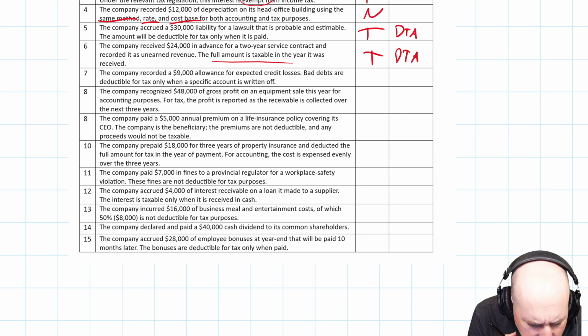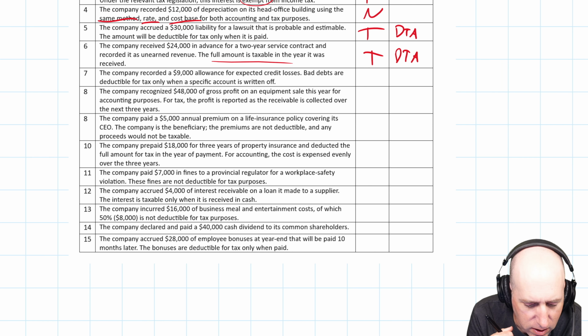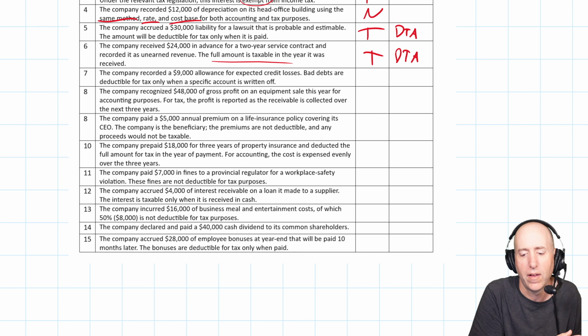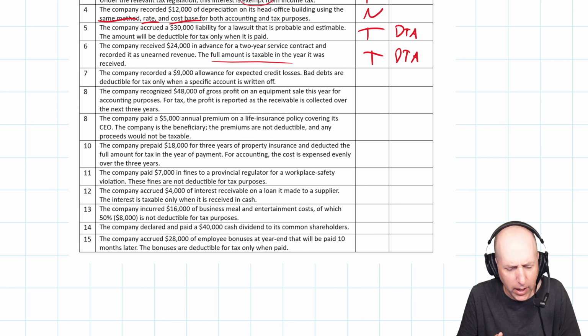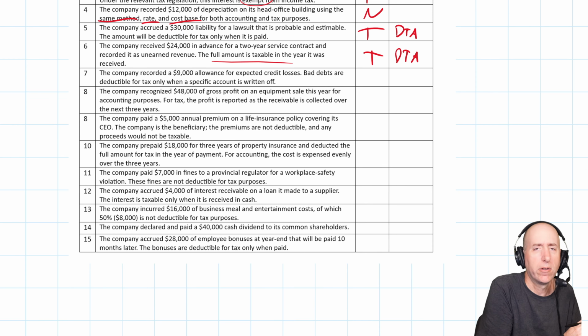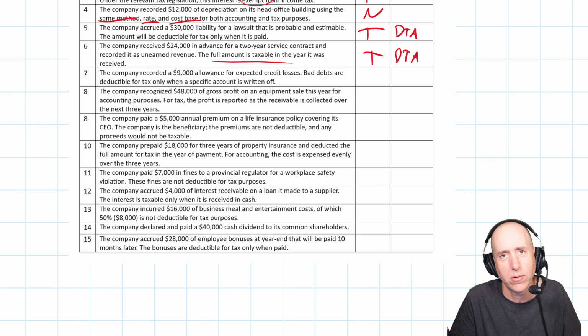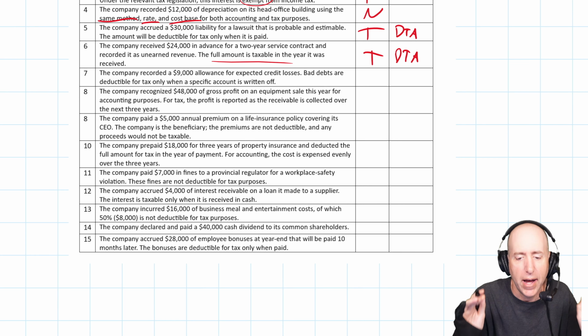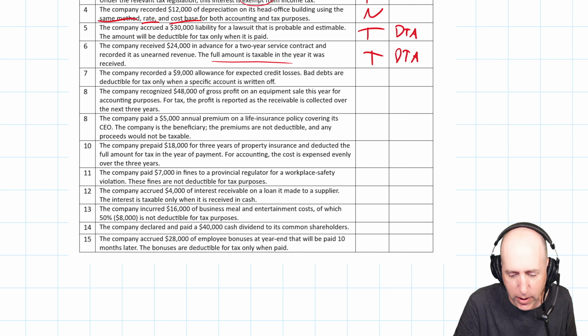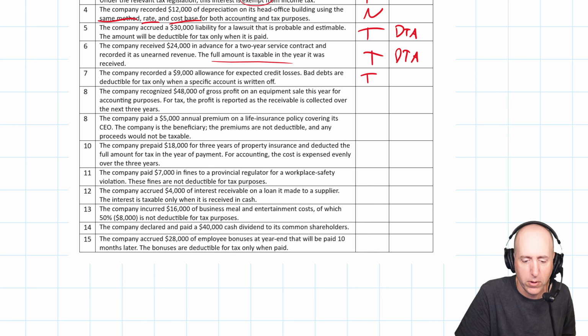The company recorded $9,000 allowance for expected credit losses. Bad debts are deductible for tax only when a specific account is written off. So we've done an allowance for doubtful accounts. But in accounting records, we've recorded an expense. In tax, we can't record the expense until we actually write it off. That's in the future. And therefore, it is a temporary difference, right? In accounting, I've already recorded the expense.